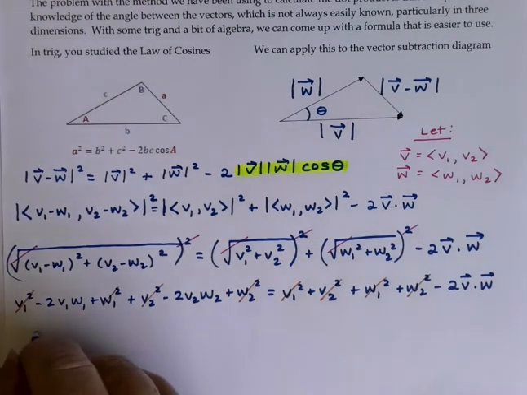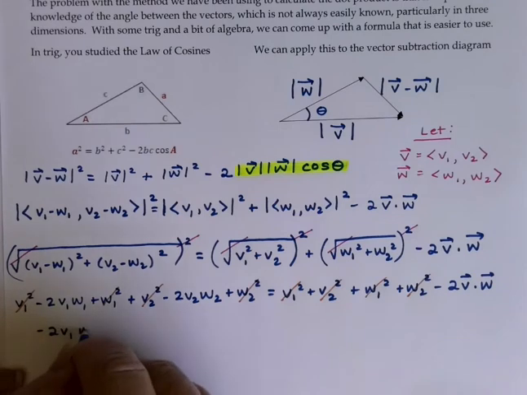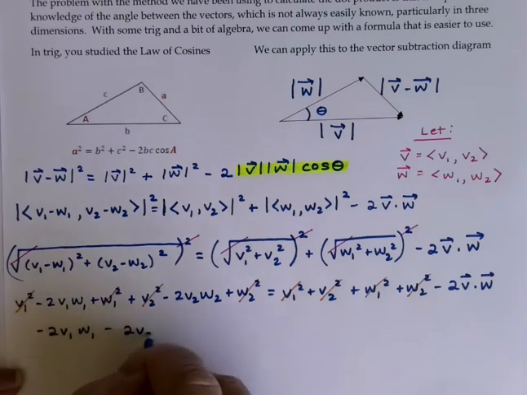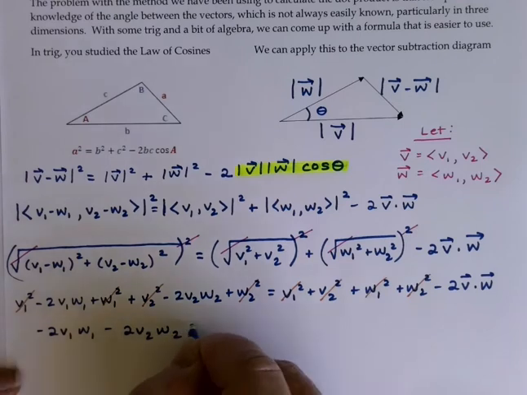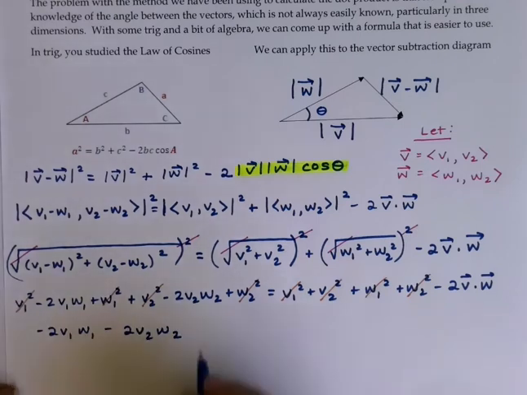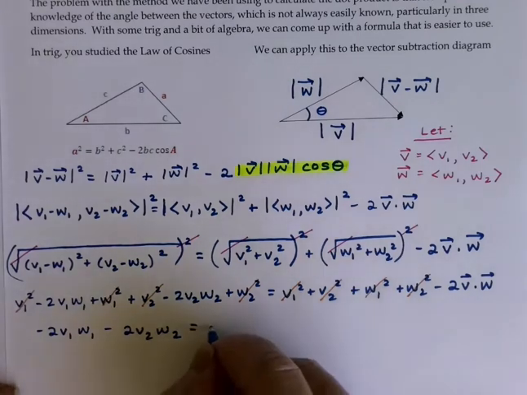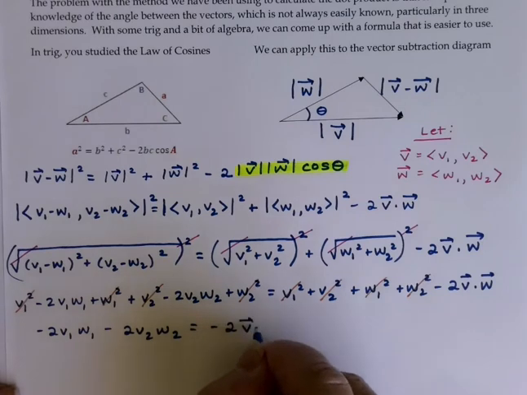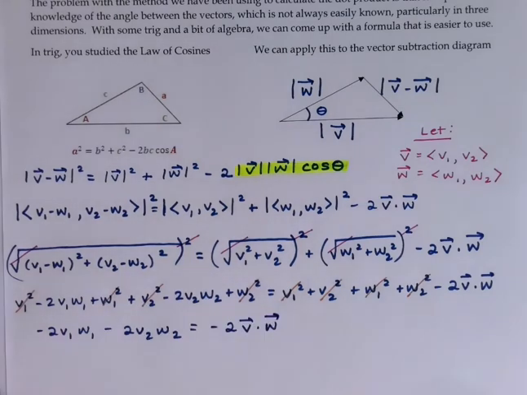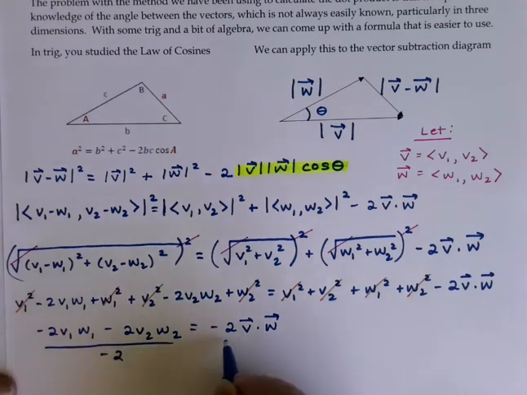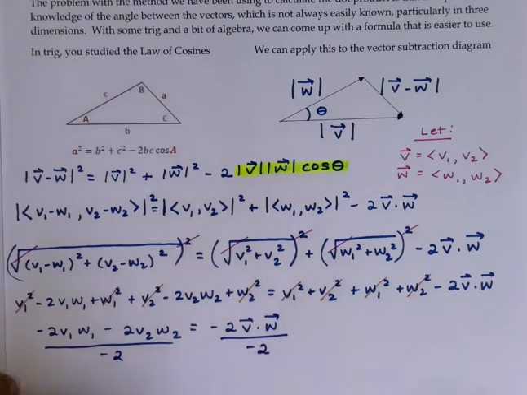So what I have left is a lot simpler than what we had just a minute ago. That's it on the left-hand side, and the right-hand side I just have negative 2v dot w. All right, looking really good. We divide both sides by negative 2, we'll have a really nice formula for v dot w.